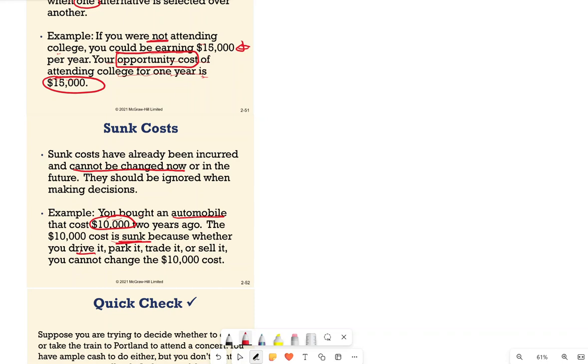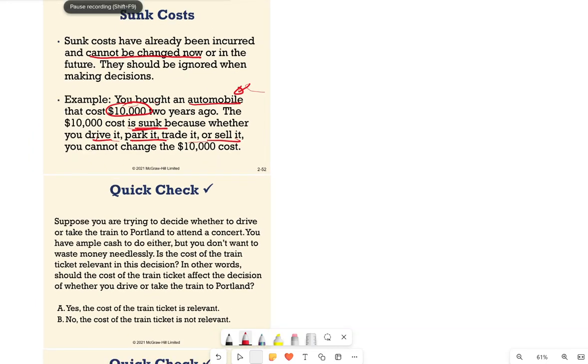You park the car, drive the car, trade it or sell it, it cannot be changed. Sunk cost is that you already bought something.